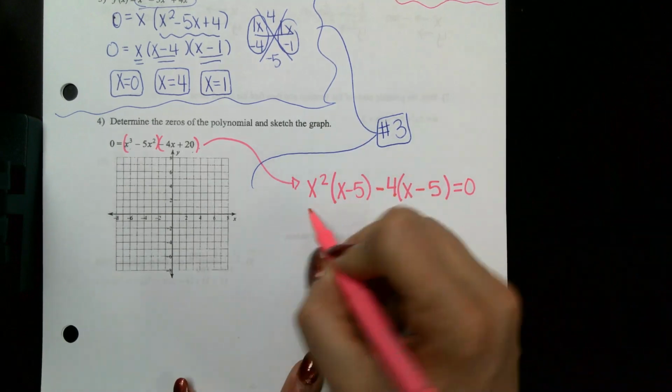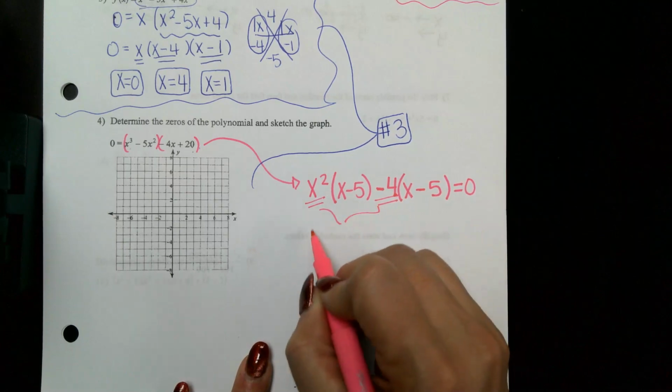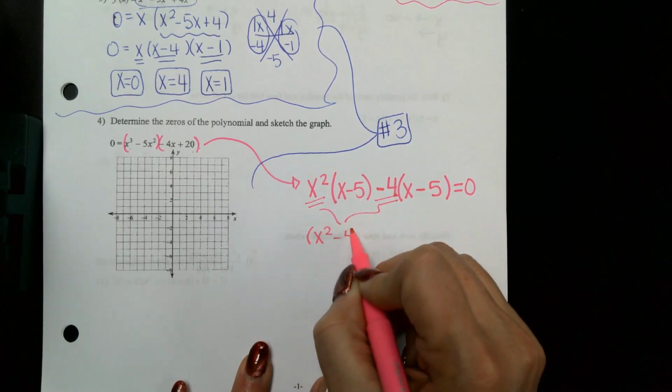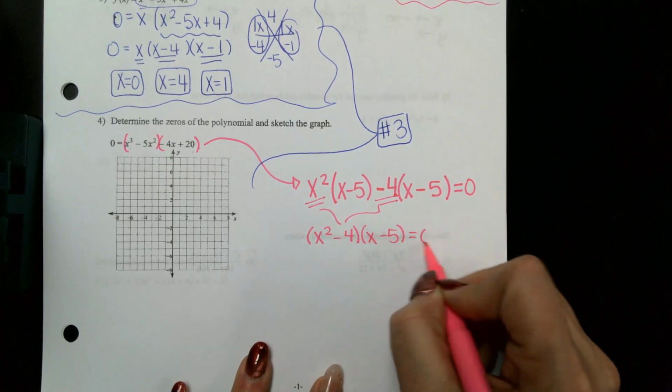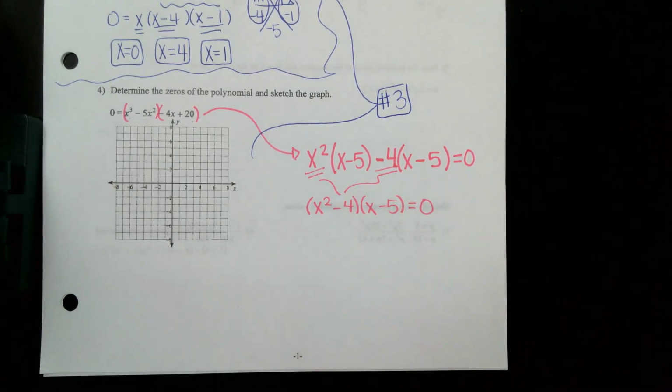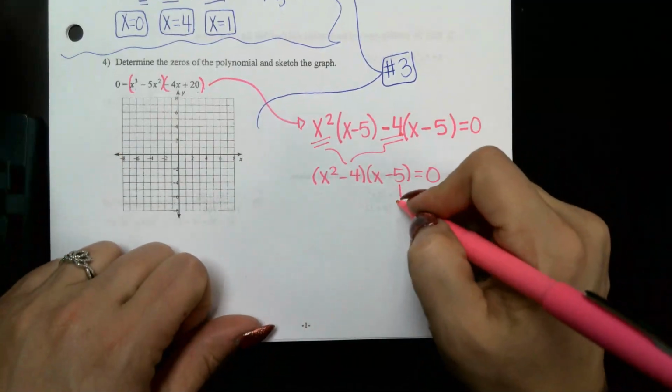All right, so the two sets of parentheses, remember these two go together. So x squared minus 4, and then the x minus 5 is our other set. This one, you guys can just give me the answer.